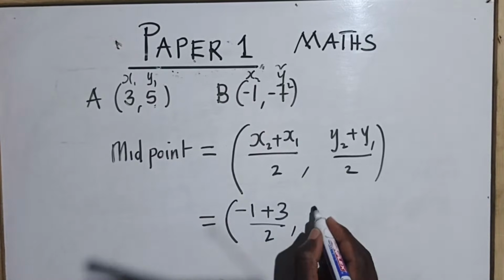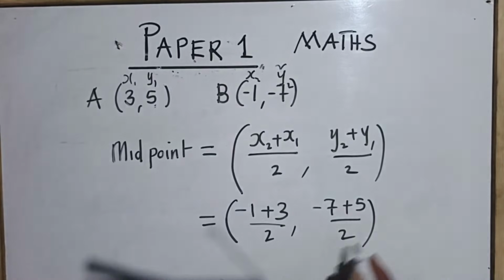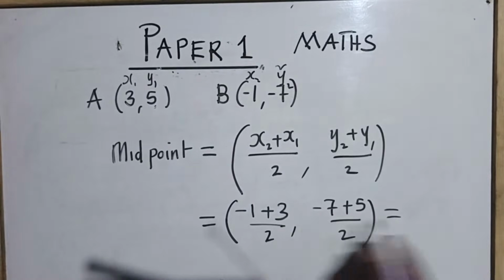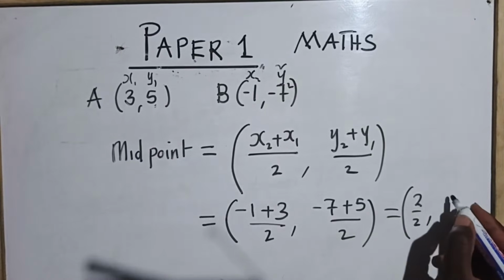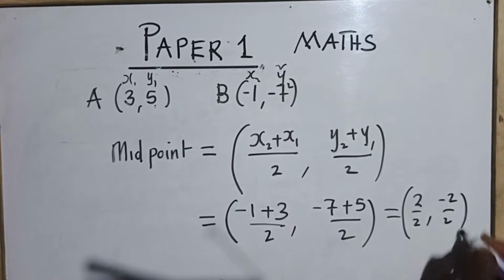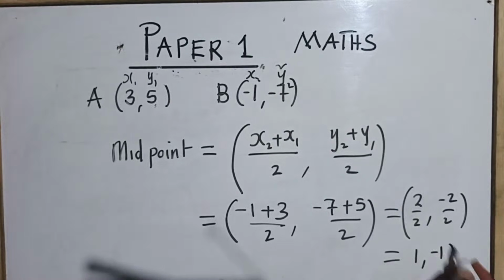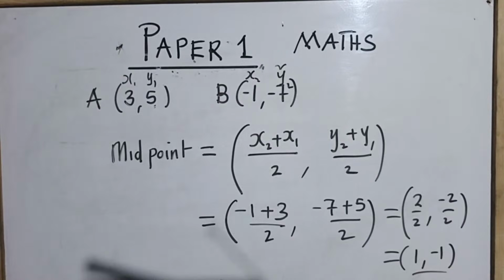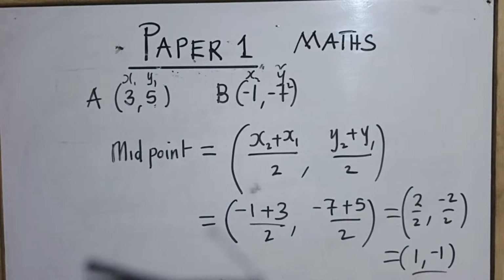Here it will be -7 plus 5 over 2. So those are the coordinates. If we simplify here, we're getting 2 over 2, here it will be -2 over 2, and our answer is coming out to be equal to 1, -1. That's the midpoint between this point and this right here. We go to the next question.